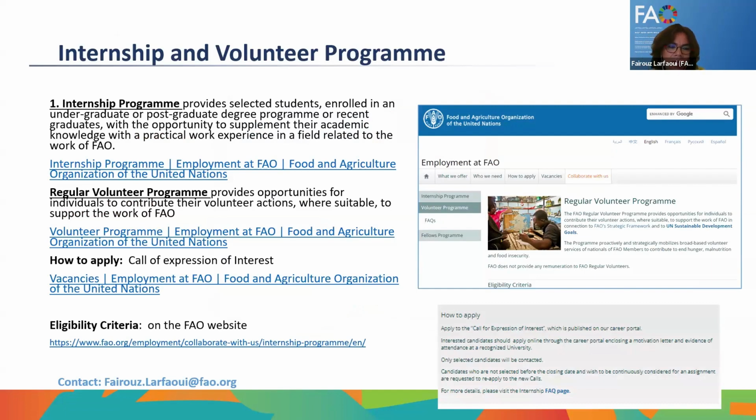One is an internship program for students enrolled in an undergraduate or postgraduate degree, or recent graduates, who want the opportunity to join FAO for a period of time. The other is a volunteer program, which is a bit different. If you want more information, you can contact me or access the website directly, where there are regular calls for expression of interest.